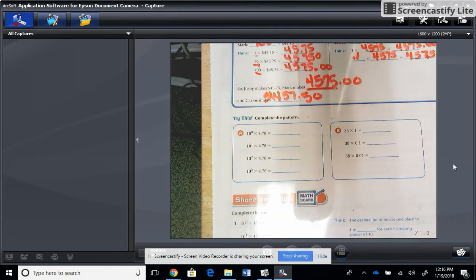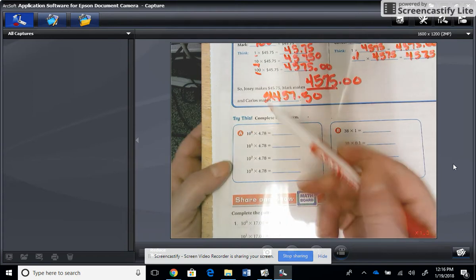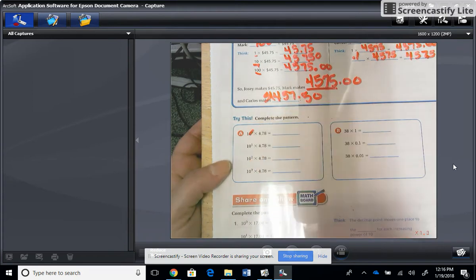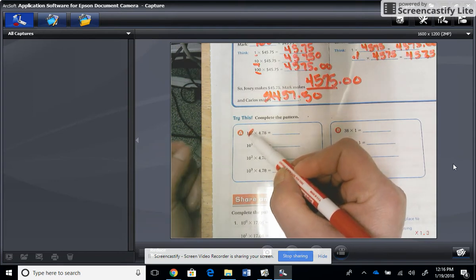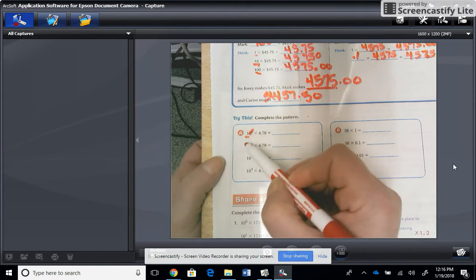So let's complete this chart here together. 10 to the first power is like saying 10. If there's no power, or 10 to the 0 power, there's no power of 10, so it's just a 1.